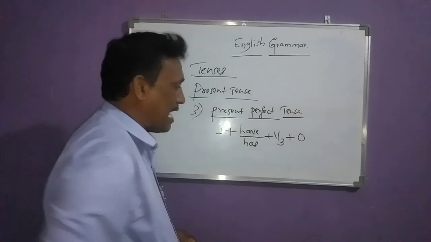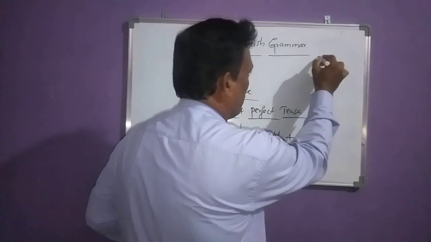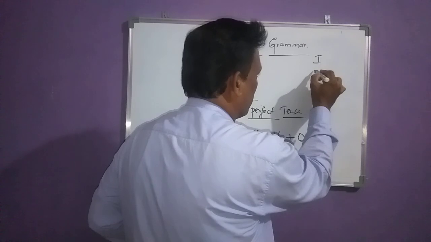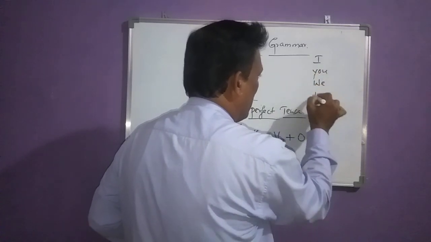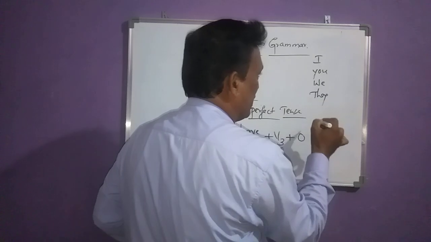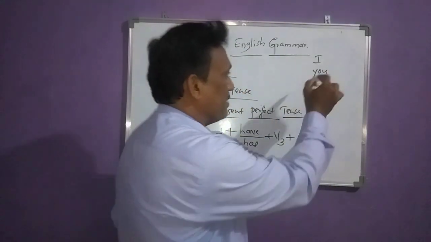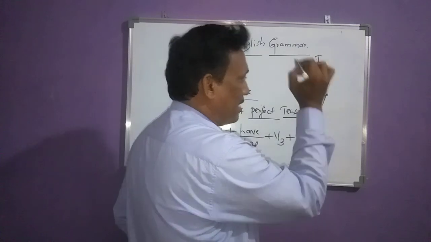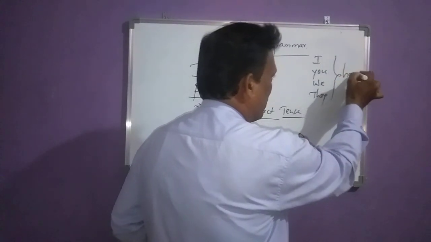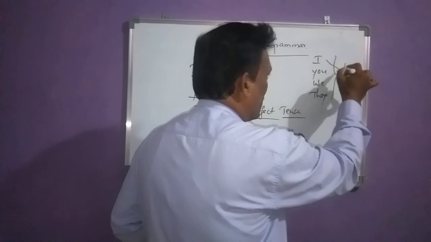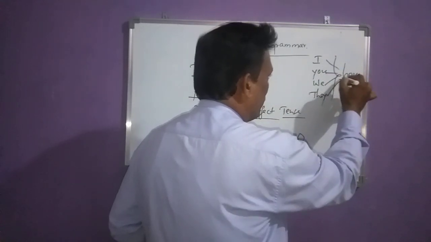What are these two, have and has? For example, I, you, we, they. Whenever you are using pronouns like I, you, we, they, you use have only. So it means I have, you have, we have, they have.